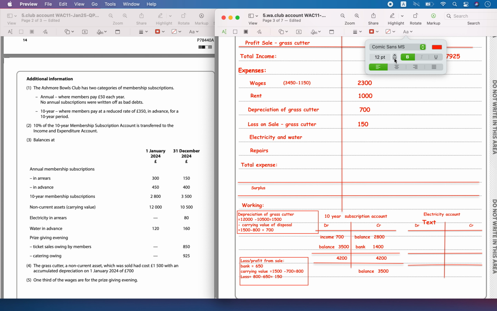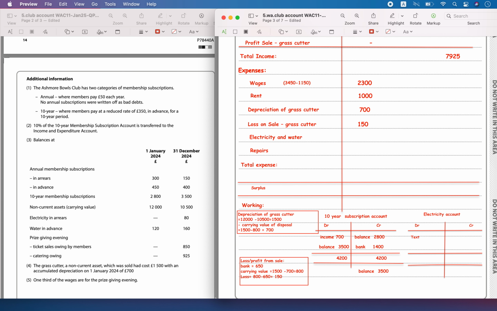Here it is saying that the balance at the beginning for the water had some advance, right? So it had some advance. So what was the advance? The balance was, okay, this is an expense account.